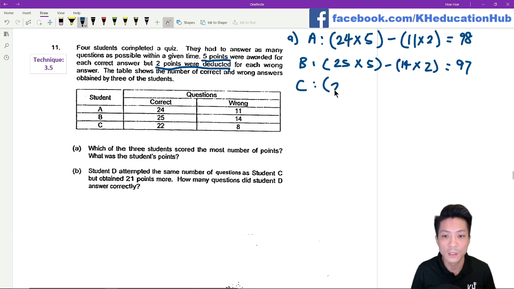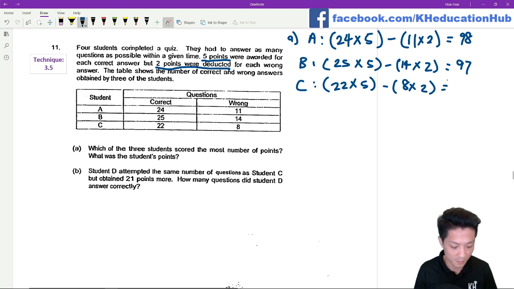Student C, 22 times 5 minus 8 times 2. 94, which means that the student that scored the most would be student A.